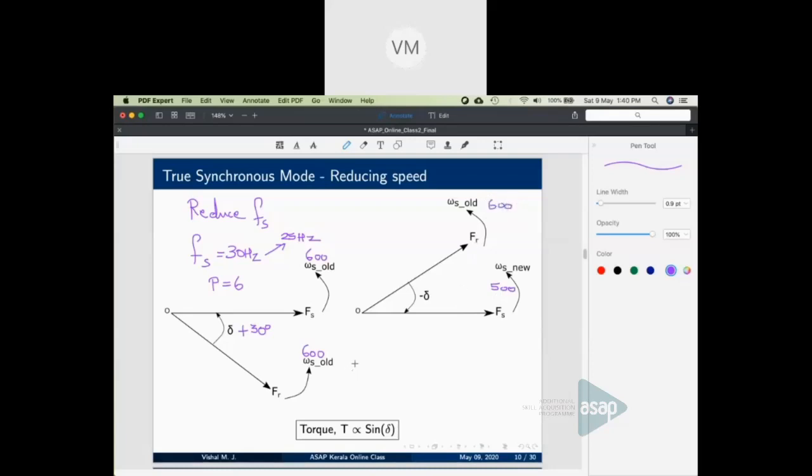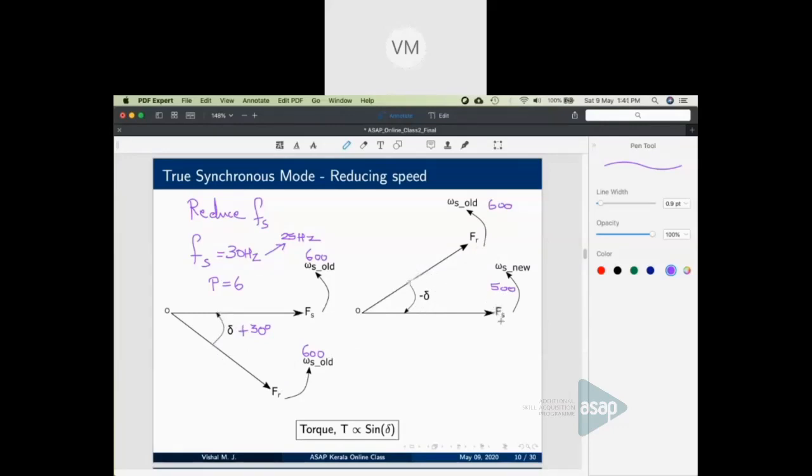It cannot immediately change its speed because the mechanical time constant itself is of the order of a few seconds. So your stator speed is 500, rotor speed is 600, which means the rotor will accelerate and go past the stator field. Now what happens? Earlier delta was measured from FR towards FS. The delta was positive 30 degrees. Now using the same logic, if I measure delta, what happens?